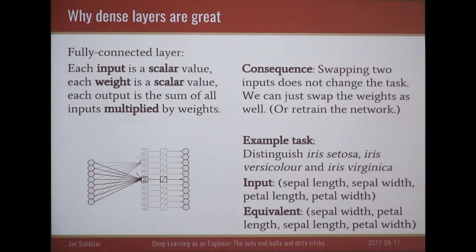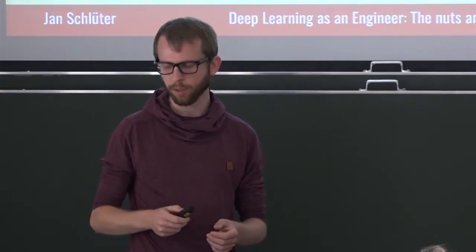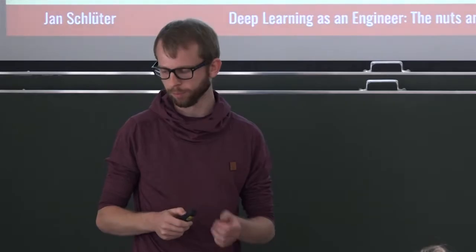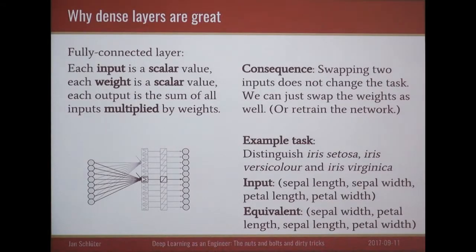Now dense layers are very great, because since every output depends on all the inputs, it means that the order of inputs doesn't really matter for the learning problem. If we swap two of the inputs, then the task will stay exactly the same.